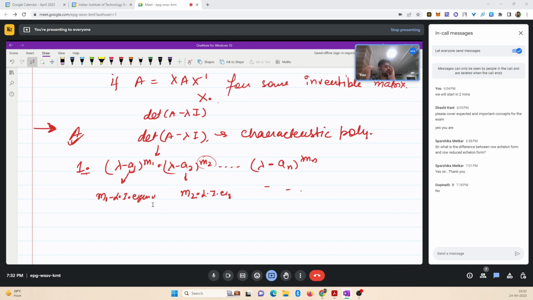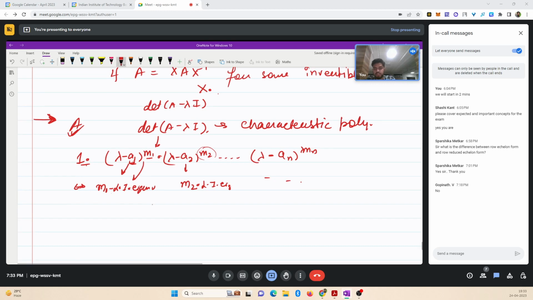And the equivalent definition is that whatever is the multiplicity of your eigenvalue in the characteristic polynomial, if you are able to obtain those many linearly independent eigenvectors for every eigenvalue, then you call your matrix diagonalizable. This is just the definition.